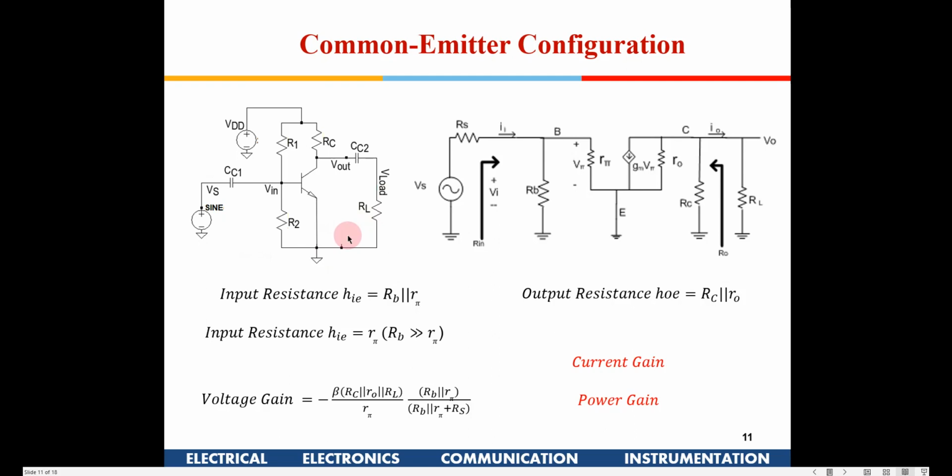So in that case you would want to match the input impedance of the antenna with the input impedance of the amplifier for maximum power transfer, right? We learnt about the power transfer theorem. So maximum power transfer would happen only when the source impedance is matched with that of the load impedance.